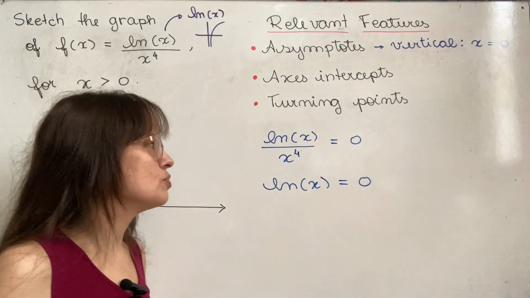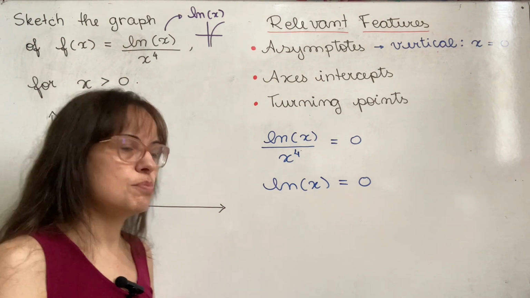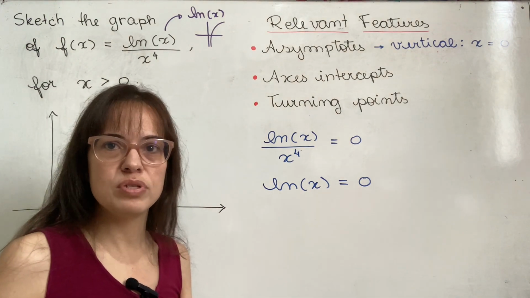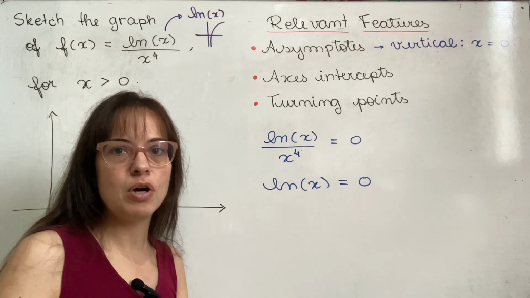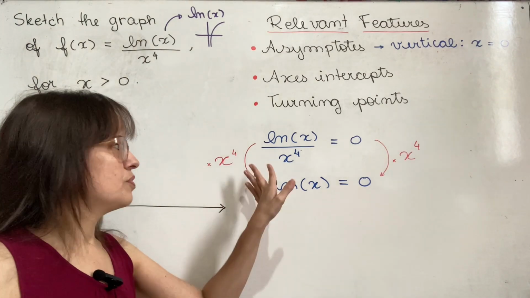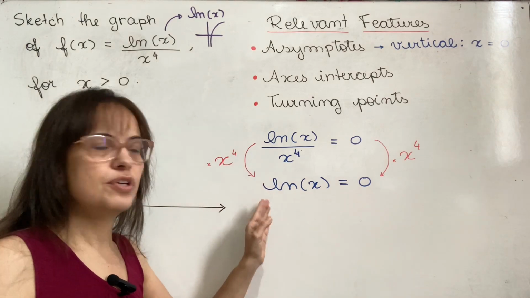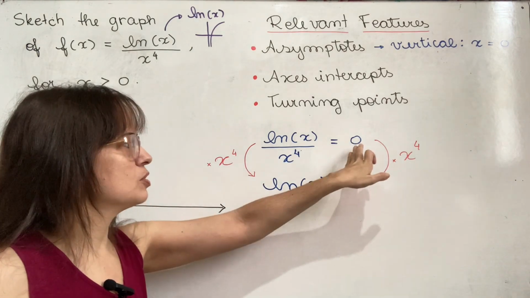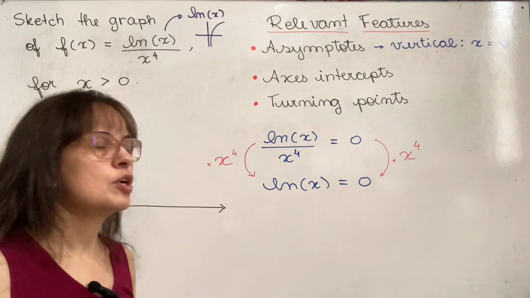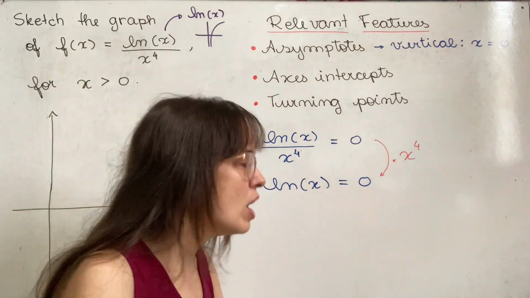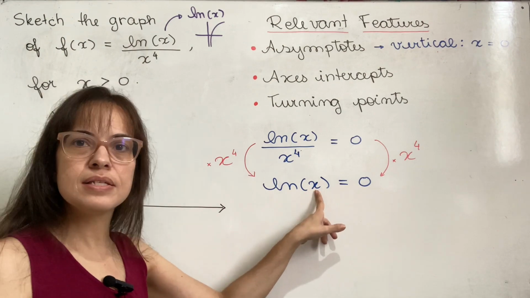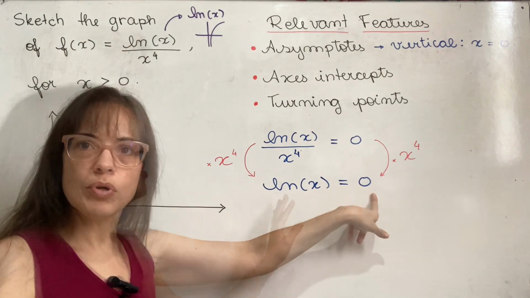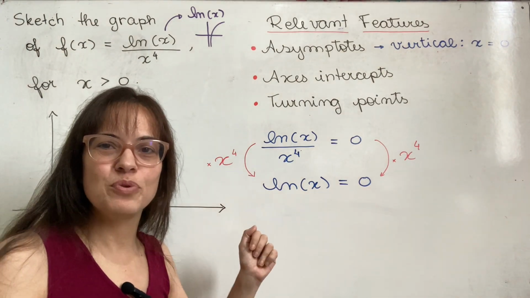And if you want to think about this in terms of what operation happened to both sides of the equation, the operation was multiplying by x to the power of 4. Which on this side cancels the denominator, and on that side nothing happens because it was 0 times something, which is still 0. Well, now we have to remember, what is the value of x whose log is 0? Well, this is something that you're supposed to know by heart.